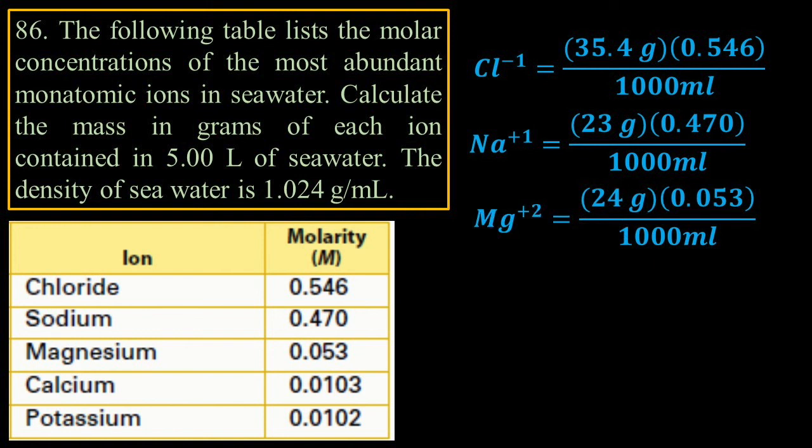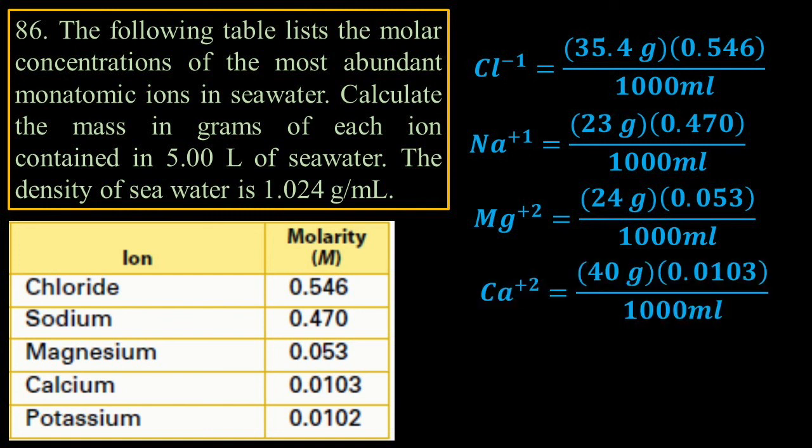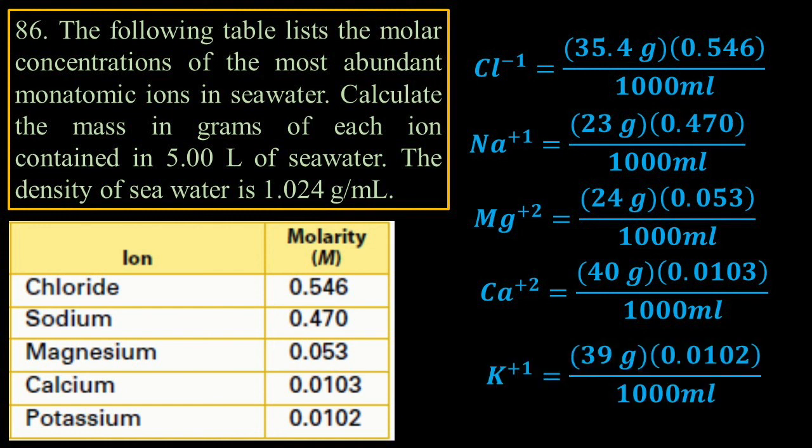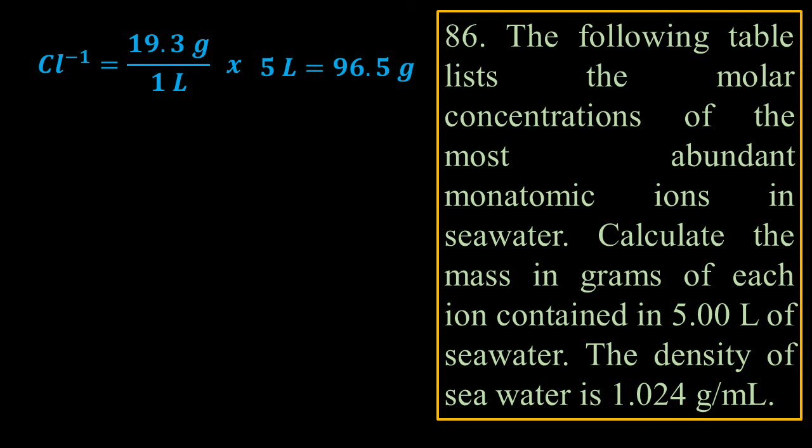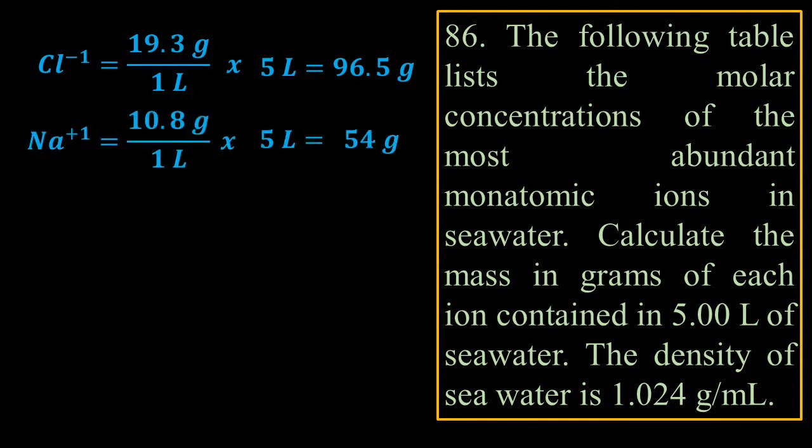and that's going to be ultimately multiplied by what? So these are the various values for the concentration. But I've got to correct this for 5 liters. So I'll let this run, and there's the first one times 5 liters, and it's going to be 96.5.